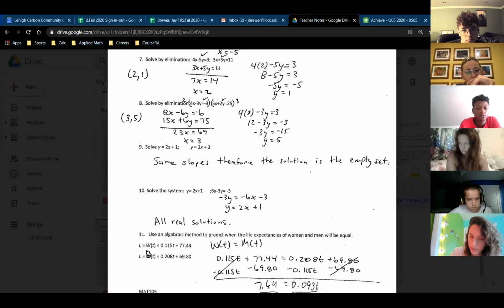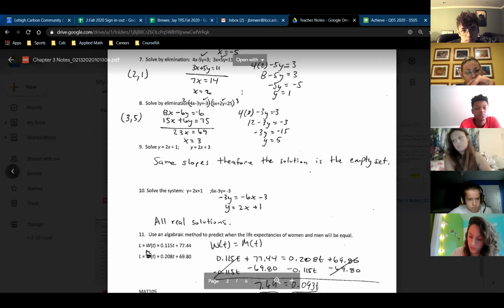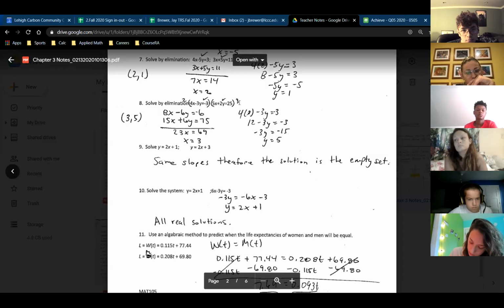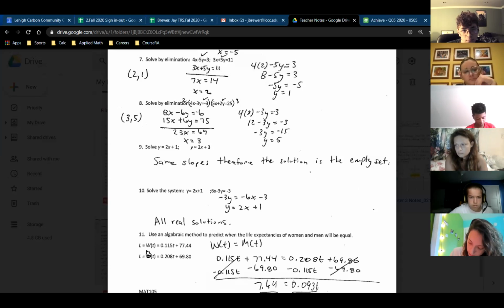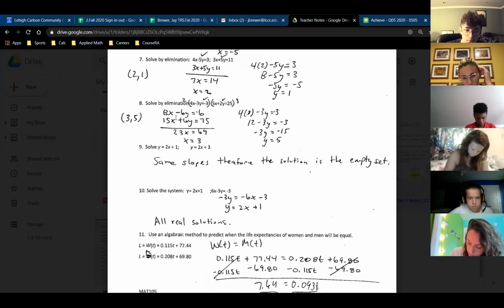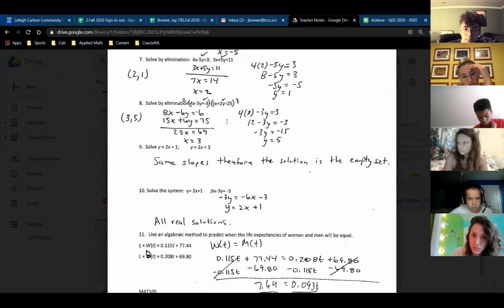So I multiplied the first equation by 2 and the second equation by 3. And then that was able to give me the same y but opposite signs so they can eliminate. Okay, that makes sense. Thank you.